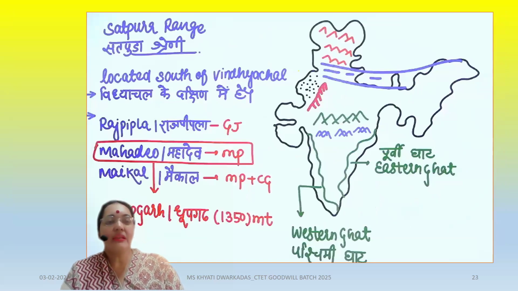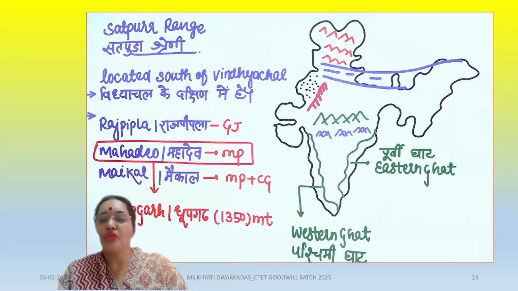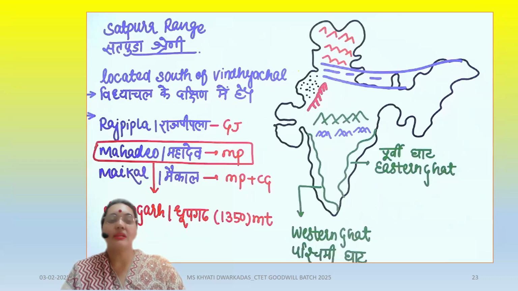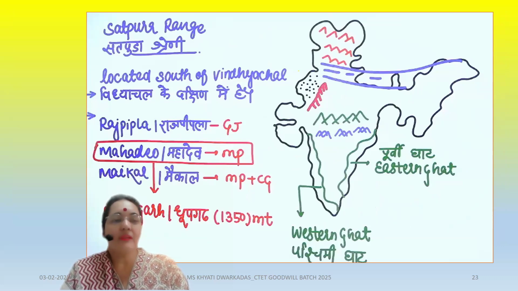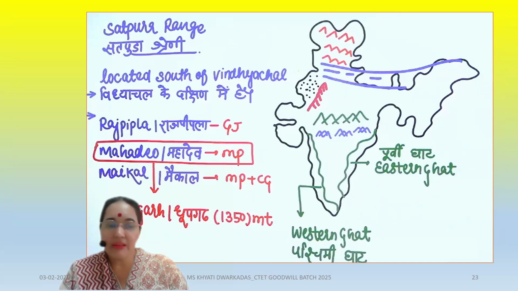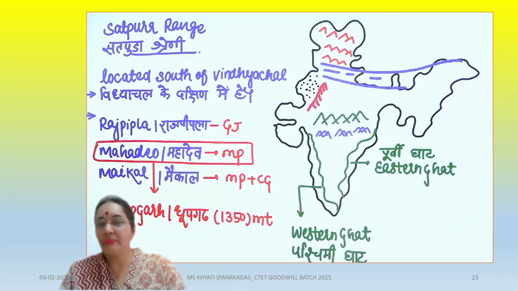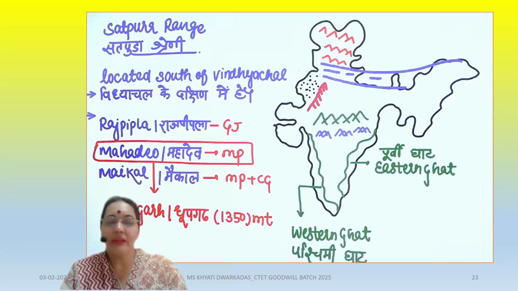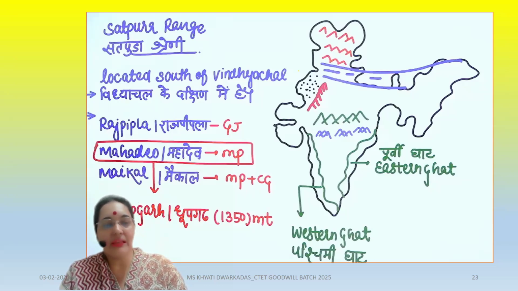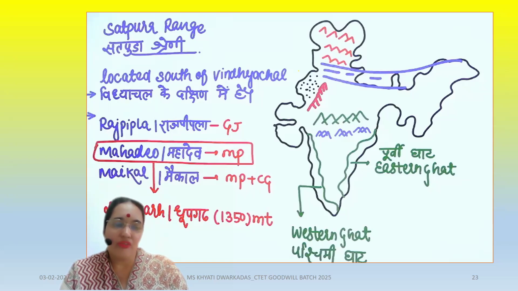Now, below the Vindhya range, we have the Satpura mountain range, which you can see there, those blue triangles on the map. They are located to the south of the Vindhya range. Rajpipla in Gujarat, Mahadev Hills in Madhya Pradesh, Maikal Range in Madhya Pradesh and Chhattisgarh, as well as Dhupgarh, are very important ranges.